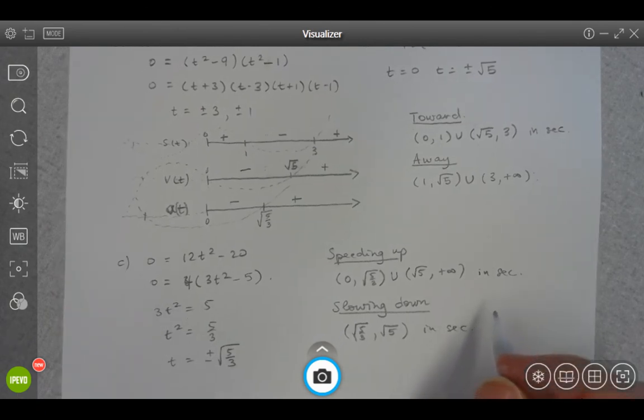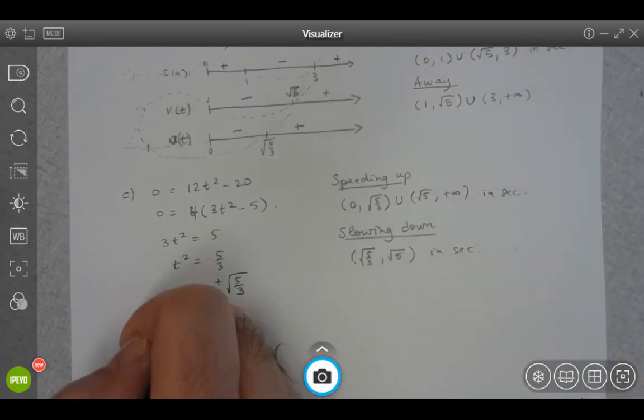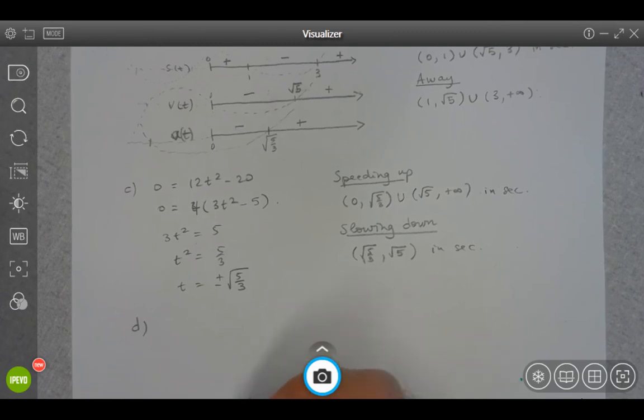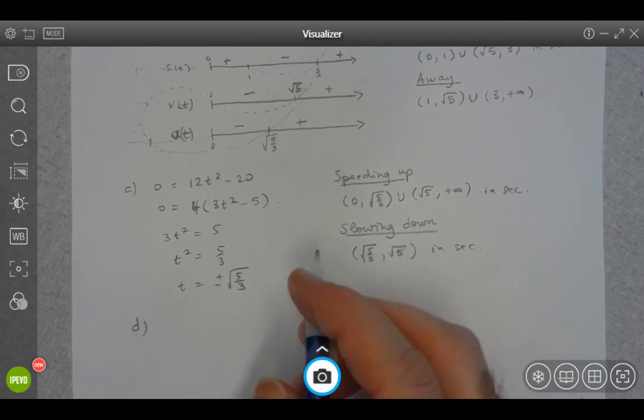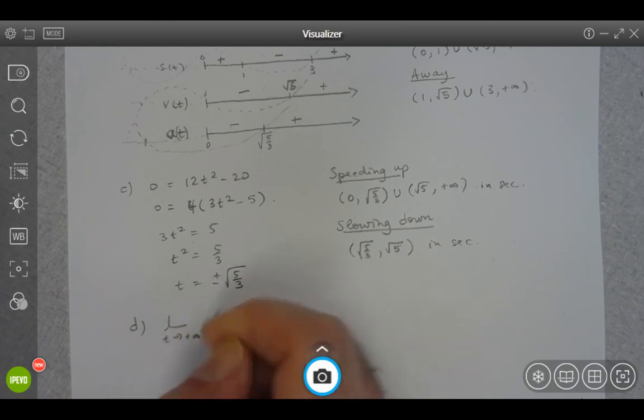No? So now what we can do is go to the last question, which asks what happens to the velocity over time. What happens to velocity over time is essentially just as we had said already, the limit as t goes to positive infinity of the velocity.